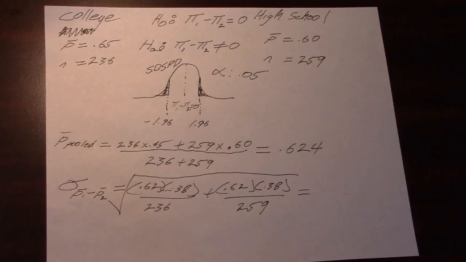So I'm going to do these calculations. You give it a shot as well. Recall 1, recall 2, times, divided by 236. Recall 1, recall 2, times, divided by 259. Add those two together, square root the whole thing.